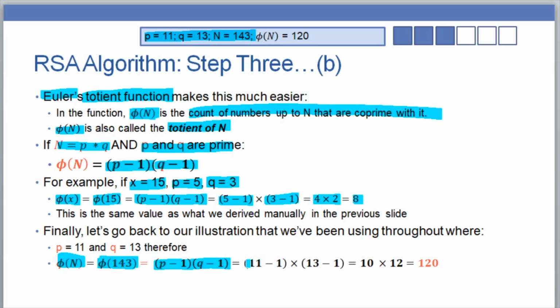So this equals 11 minus 1 times 13 minus 1, which equals 10 times 12, which is 120. And so phi n equals 120. This will work for any value n. And again, although we won't be going into the details of why phi n equals p minus 1 times q minus 1, we've linked some websites for this down below in the description as well. So feel free to look up more on this if you're interested.